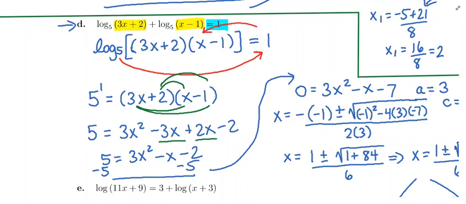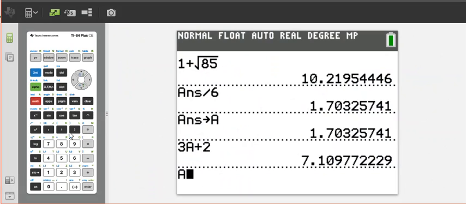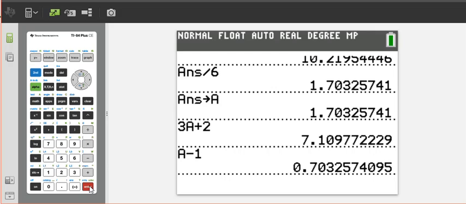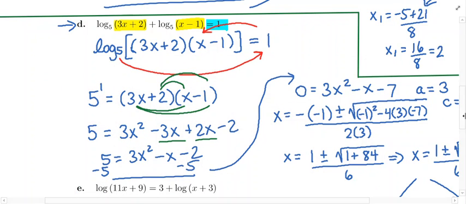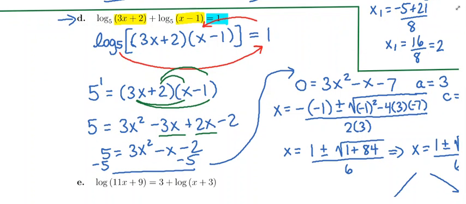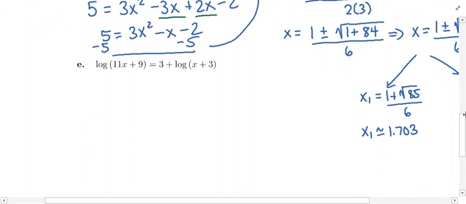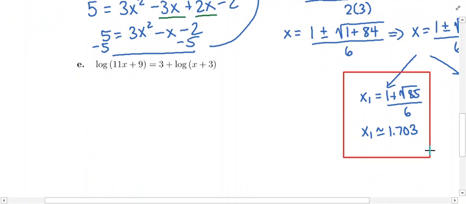So we take our solution, A, and subtract 1, and we'd be taking the logarithm of 0.703 and so on. We're good there because we'd be taking the logarithm of a positive number. So this first potential solution is viable. This is a solution to the original equation.